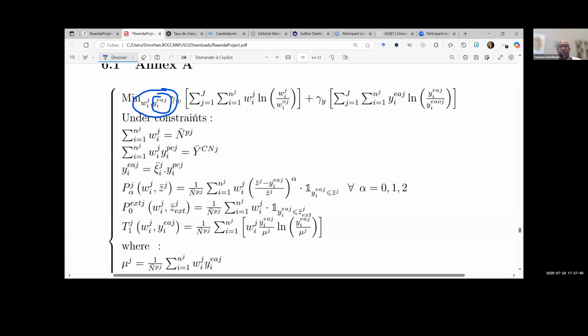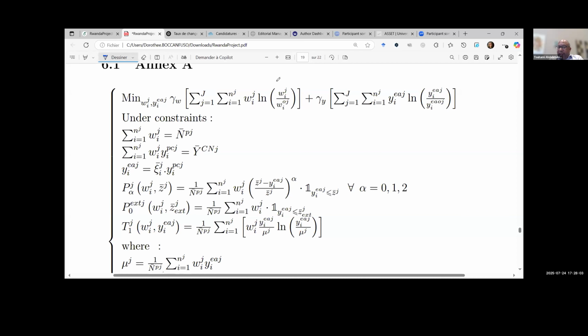The cross-entropy approach is to minimize the difference between the two. Look at the report, look inside the logarithm. In the denominator, you have the observed one, what is inconsistent, and in the numerator is what we are looking for.